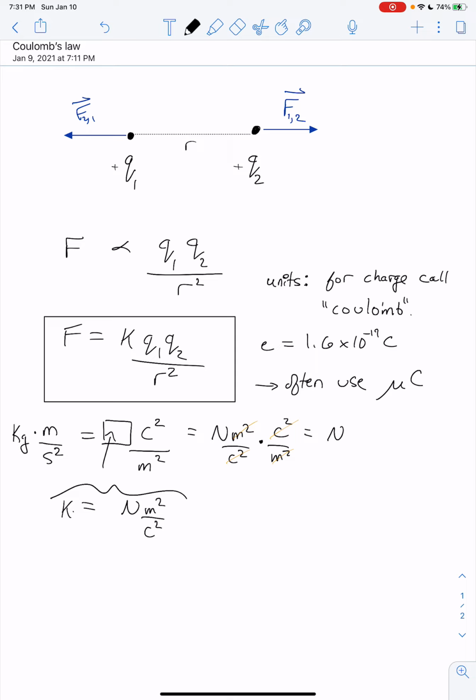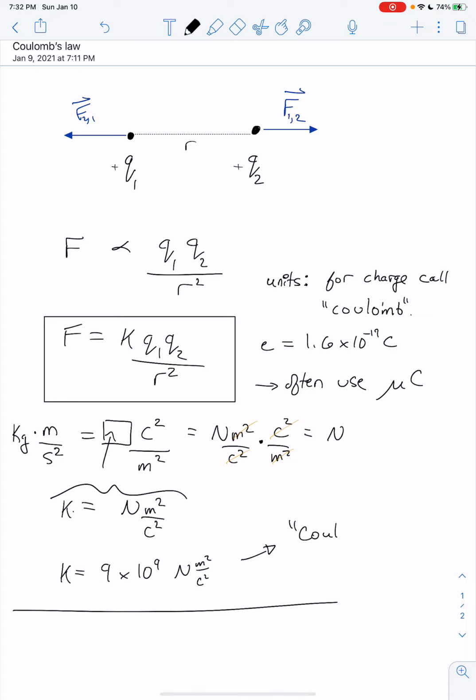So for our K value, we can calculate through experiment a value of about 9 times 10 to the 9 newtons meters squared per coulomb squared. That's a rough value, and this is Coulomb's constant.